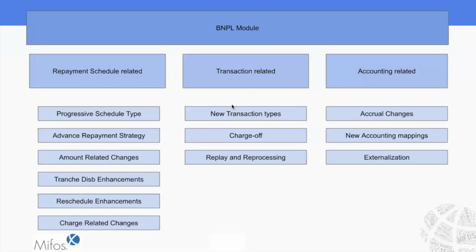So coming to transactions, buy now pay later has a few credit transactions. As we know, Fineract was initially built to support microfinance loans. From there we started supporting personal loans and NBFC kind of loans. Buy now pay later has its own specific transactions like refunds and goodwill credit.